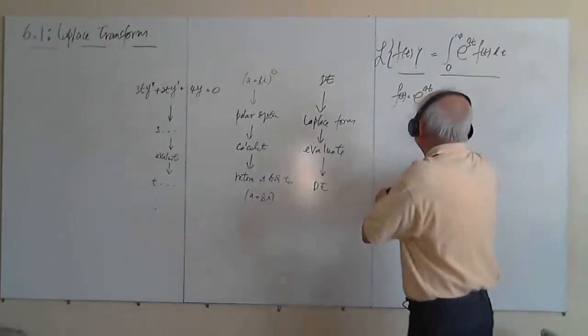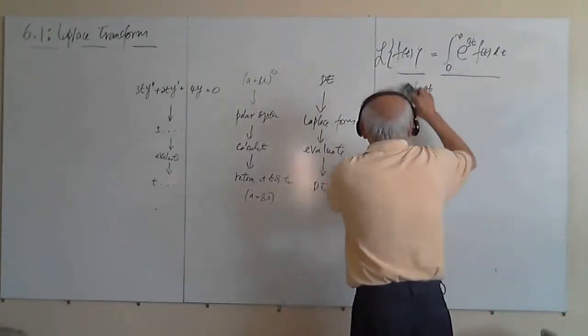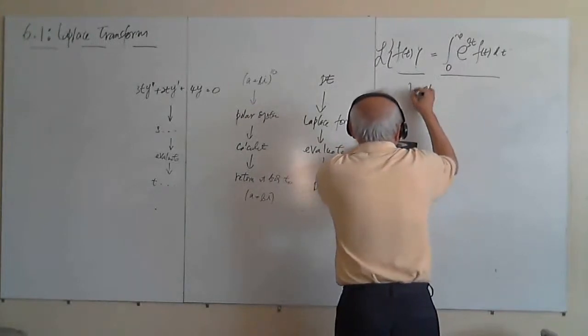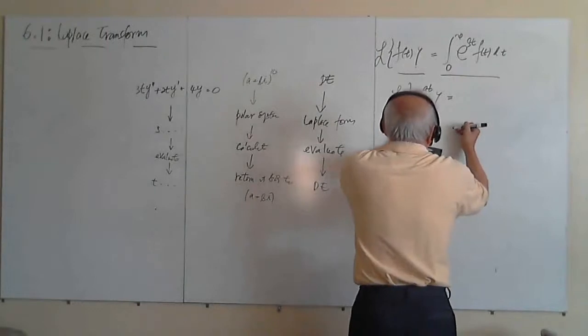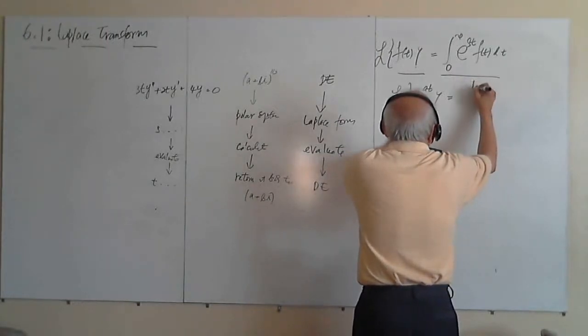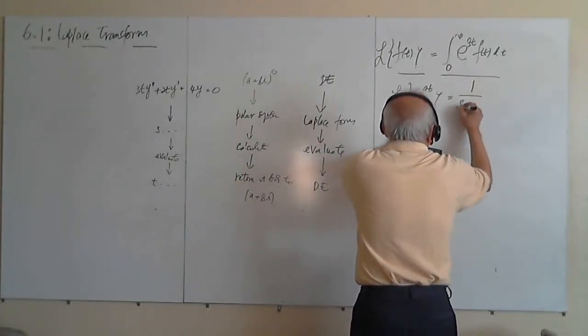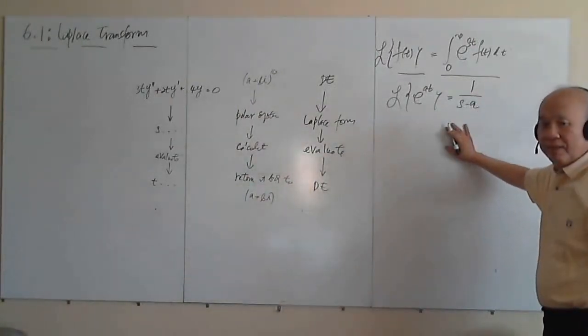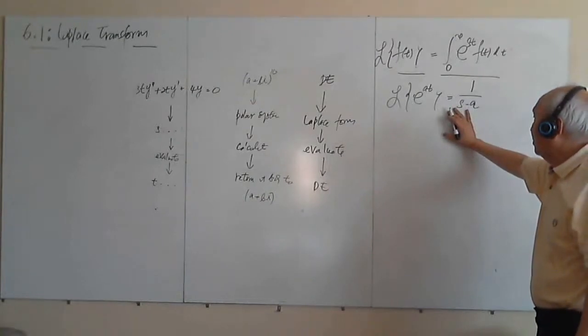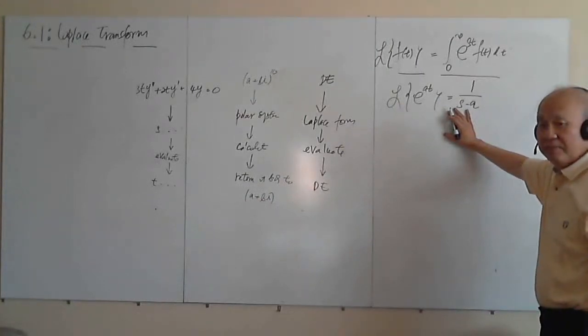If you turn this into Laplace form, the symbol is like this, and the Laplace transform is going to be equal to 1 over s minus a. Did you see it? So this is the first one that you need to memorize: 1 over s minus a.